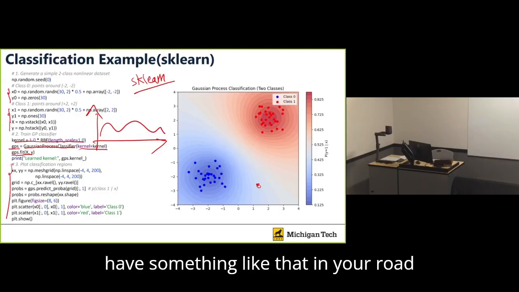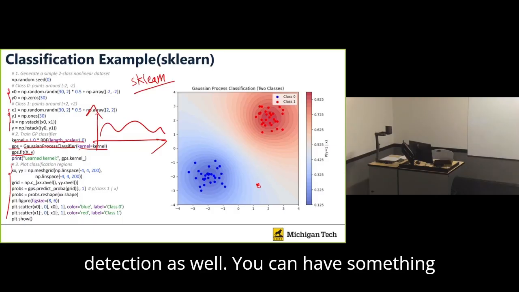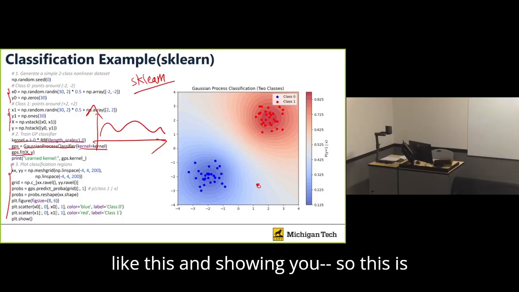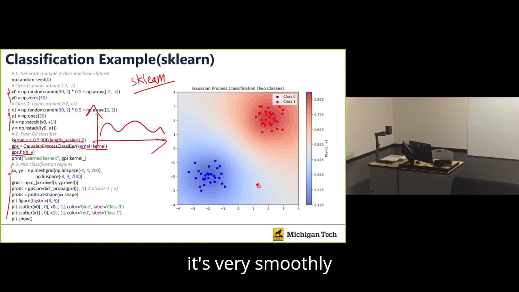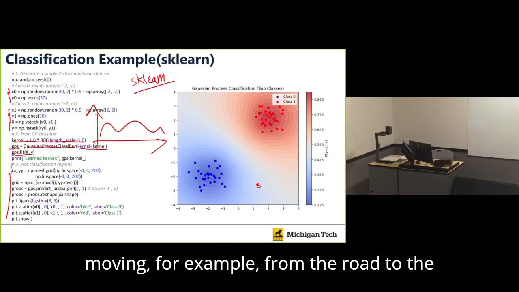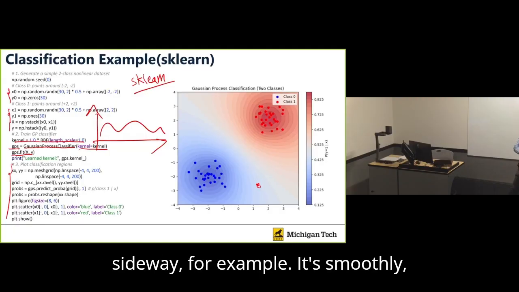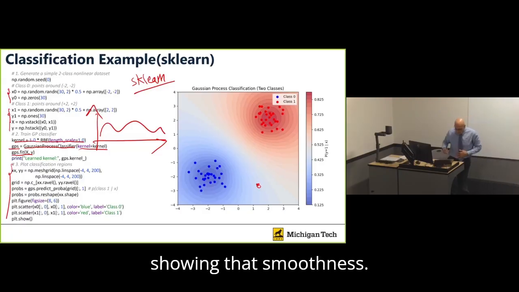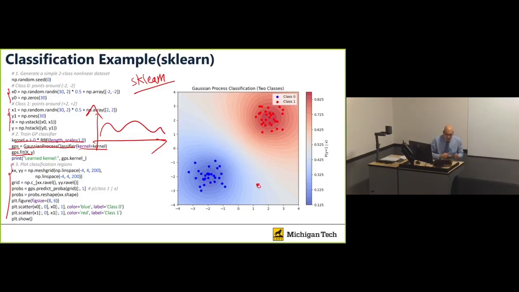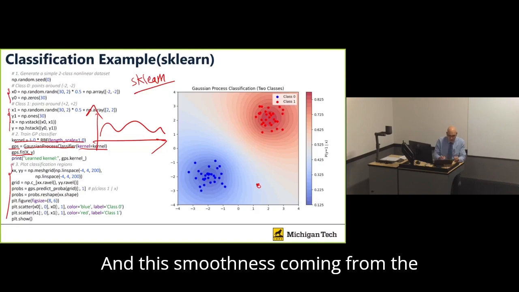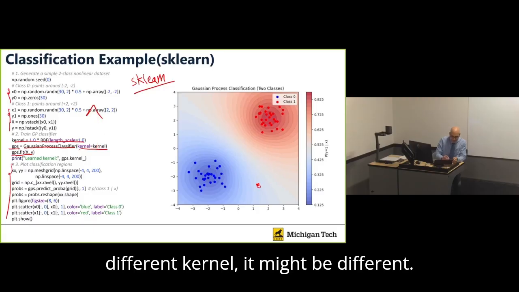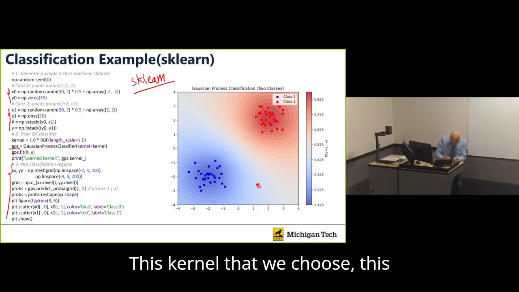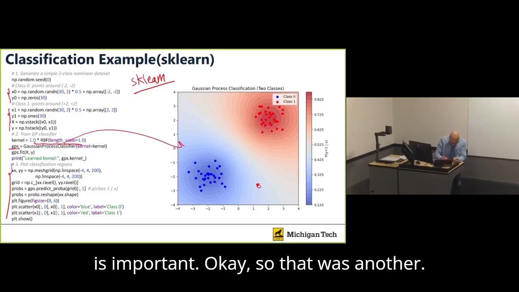You're going to have something like that in your road detection as well. It shows you this is the road and the possibility of not, and it moves very smoothly, for example, from the road to the sideway. This smoothness comes from the kernel. If you choose a different kernel, it might be different. The kernel that we choose is important.